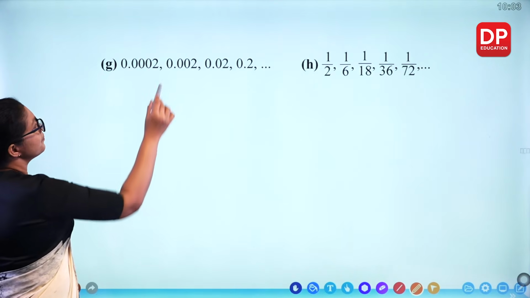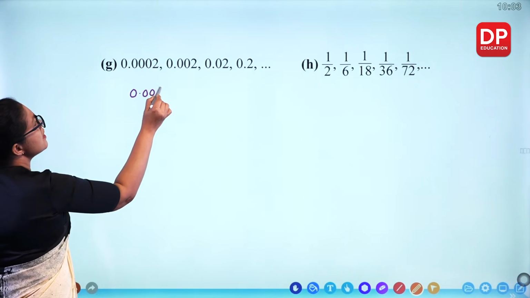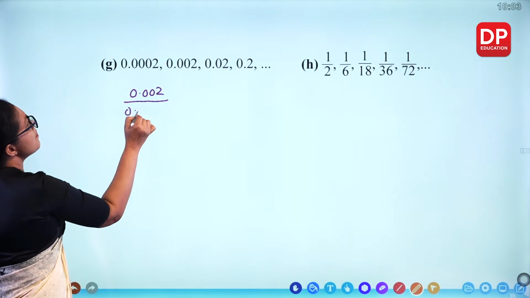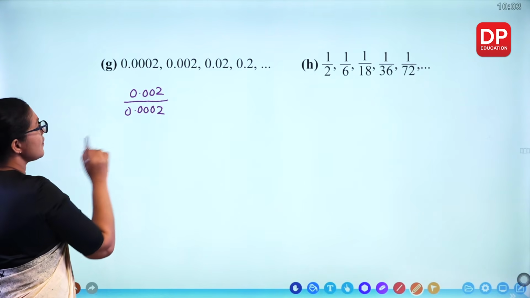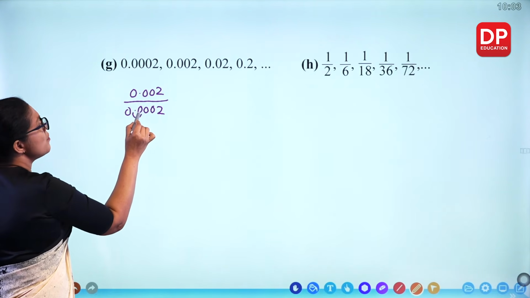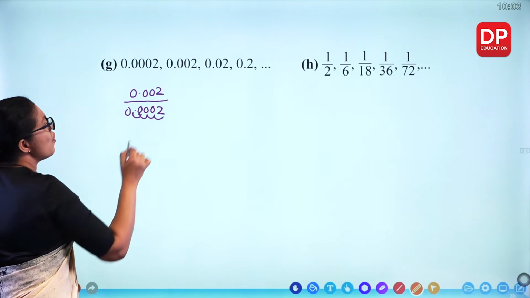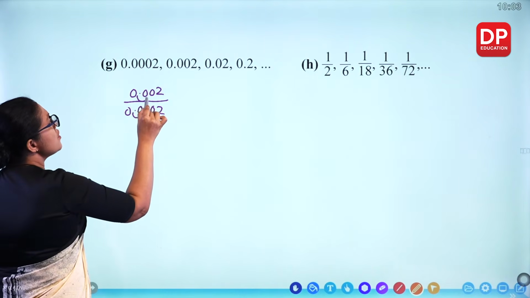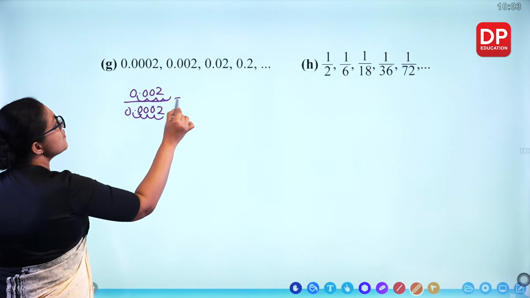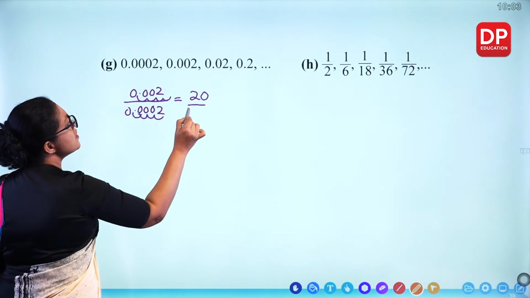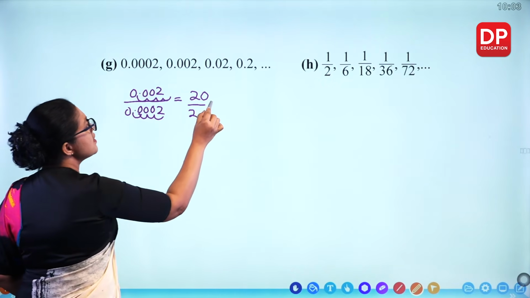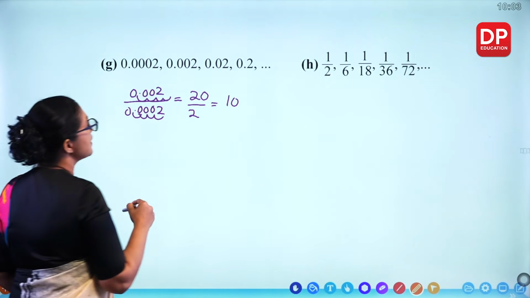This one, starting from any term, divide by its previous term. Here, how many places do you need to move? 1, 2, 3, 4. That means we can convert to 20 divided by 2. 20 divided by 2 is 10.